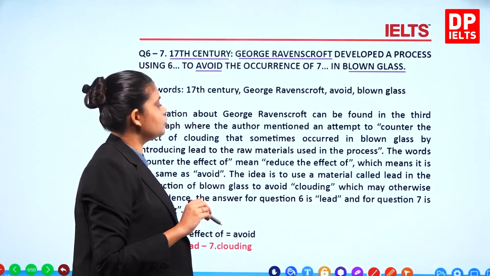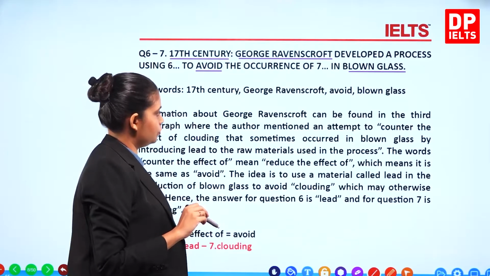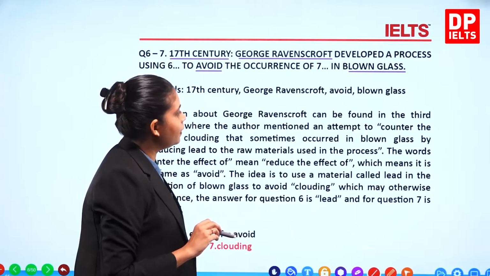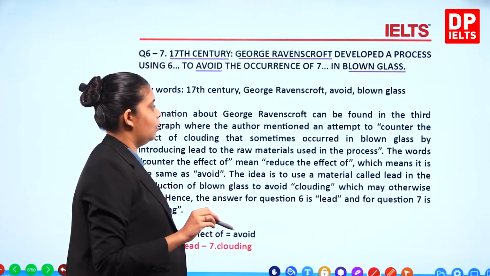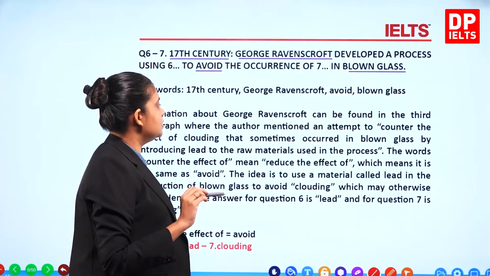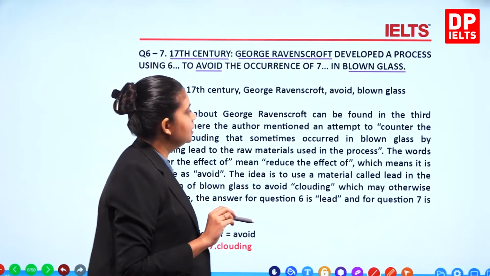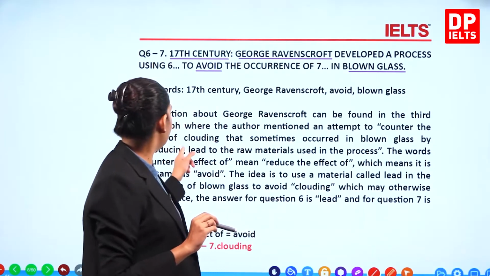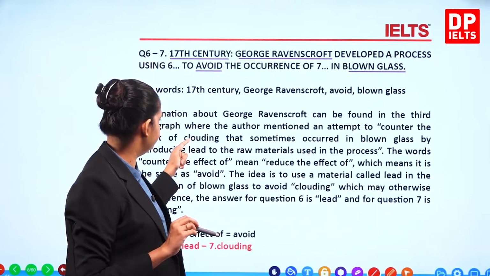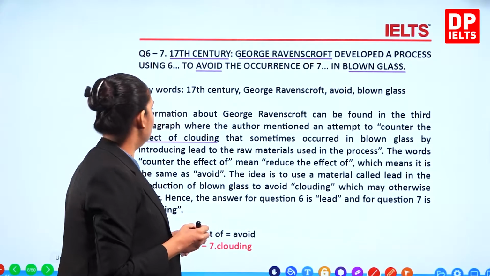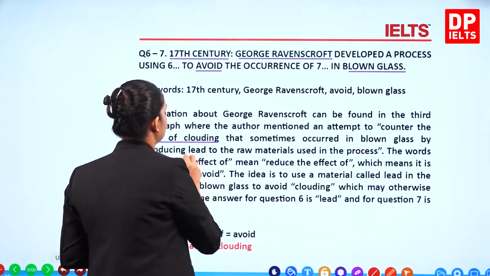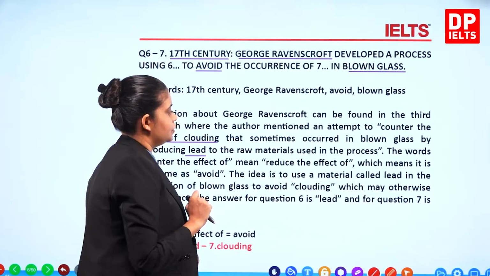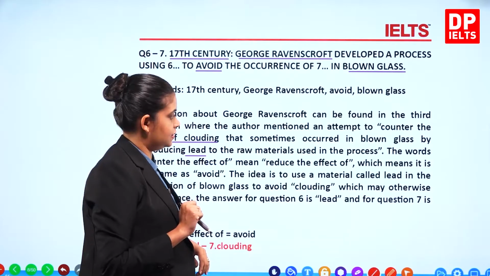So the information about George Ravenscroft can be found in the third para where the author's name is mentioned, right? And it states an attempt to counter the effect of clouding occurred in blown glass by introducing lead to the raw materials used in the process, right?